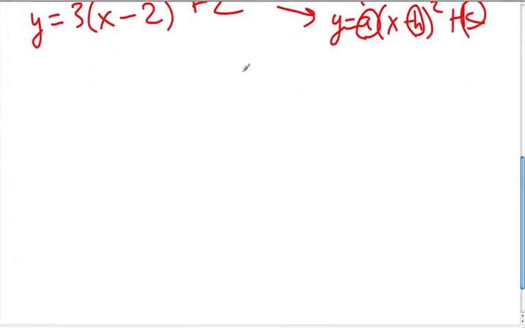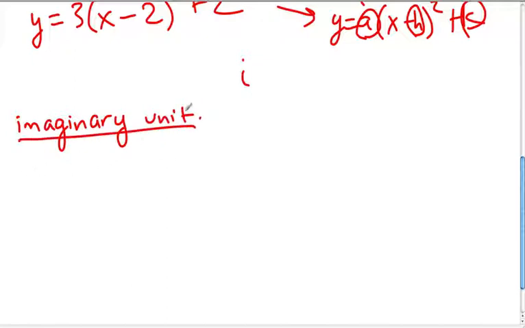The next thing we're going to work with is the imaginary unit i. It's not a real number, but we use it because it can be used to find solutions and further enhance our set of numbers. So there are reals, and then there are imaginaries, and the imaginary unit is i.